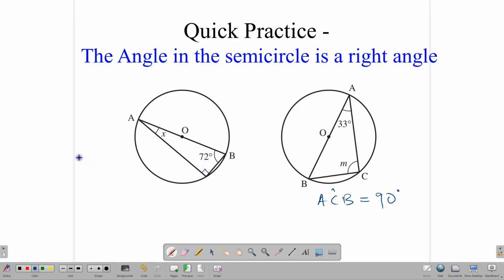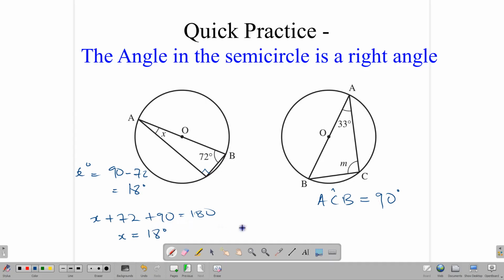So let's use angle X. The angle X is equal to 90 minus 72, which is equal to 18 degrees. Or you can use the fact that X plus 72 plus 90 gives you 180 degrees, and use that to work it out. Either way, X is going to be equal to 18 degrees.